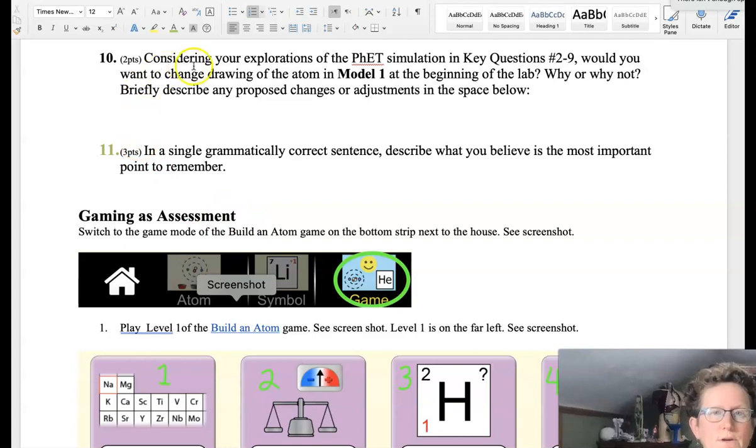So, considering what we've learned in questions 2 through 9, would you want to change the drawing of your model at the very beginning of this lab? Why or why not? Briefly explain why you would or would not want to change your model that you did in question 1 at the very beginning of the lab.